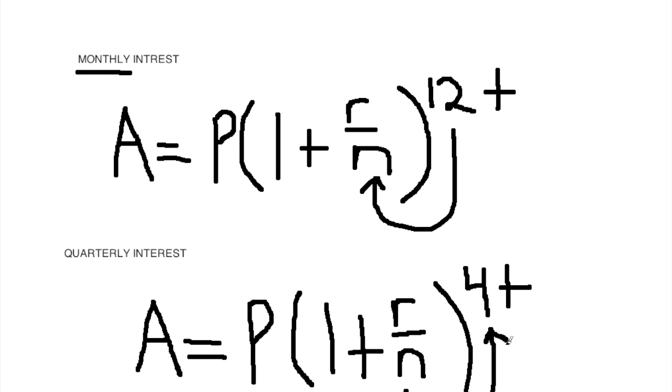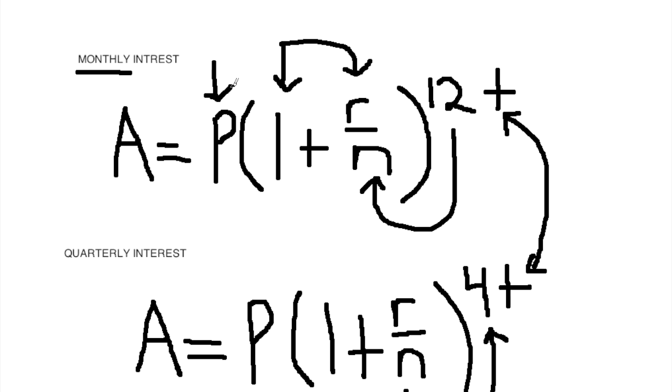N can also be 4 since we're talking about the quarterly interest. T stands for the amount of years. Everything inside the parentheses stands for the growth rate. P is the initial value, the money you start with, and A is your total.